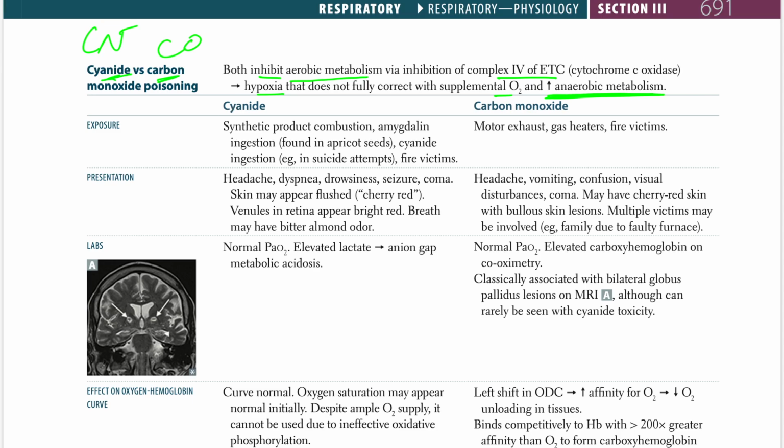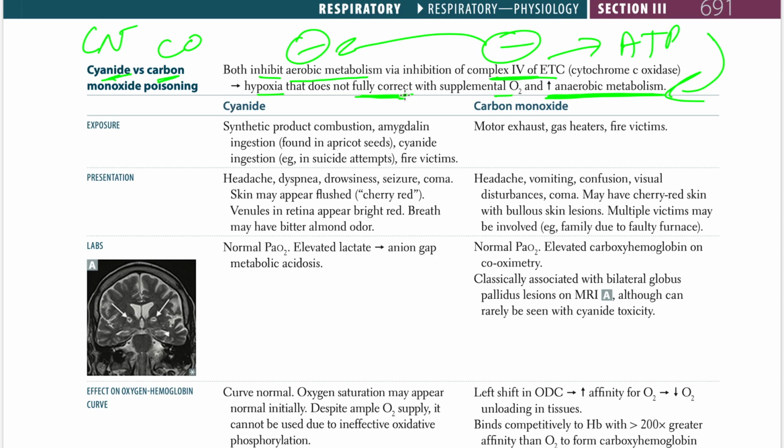What are they trying to say? They inhibit complex 4, both of them. By inhibiting this, they're inhibiting aerobic metabolism. One more thing: when they inhibit complex 4, what are they not making? They will not be able to make ATP. So they're going to go into anaerobic metabolism, and it is not corrected fully with supplemental O2.